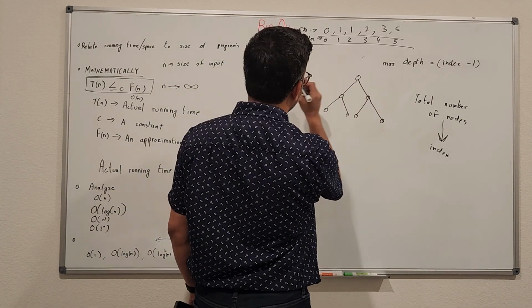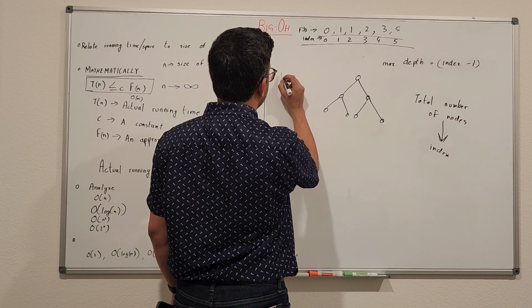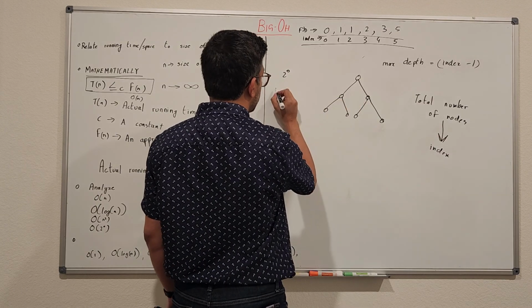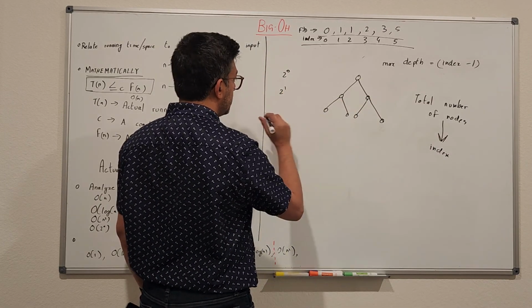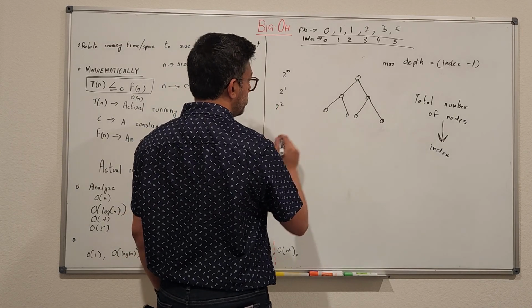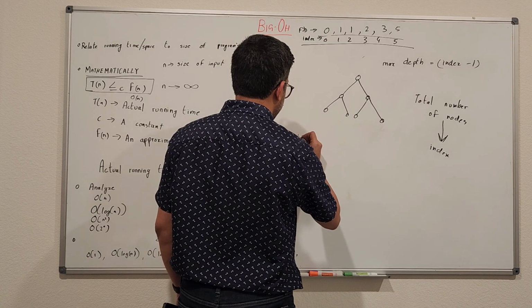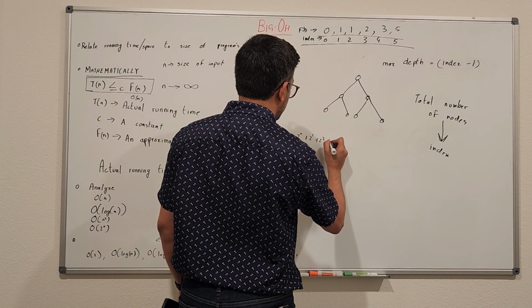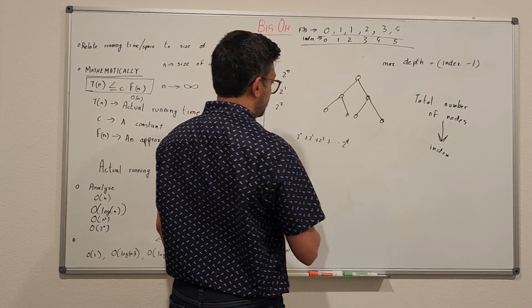Now let's see how to find the relation between the total number of nodes and the index. At the first level, depth 0, the number of nodes is 2 raised to 0, which is 1. Here the number of nodes is 2 raised to 1, which is 2. Here it is 2 raised to 2, which is 4. So the total number of nodes in the tree is 2 raised to 0 plus 2 raised to 1 plus 2 raised to 2 plus dot dot dot 2 raised to whatever the depth is.